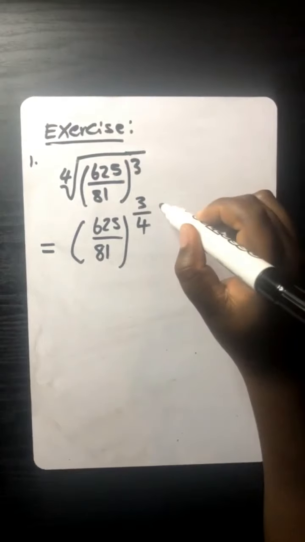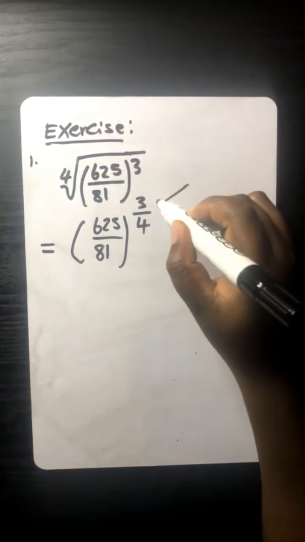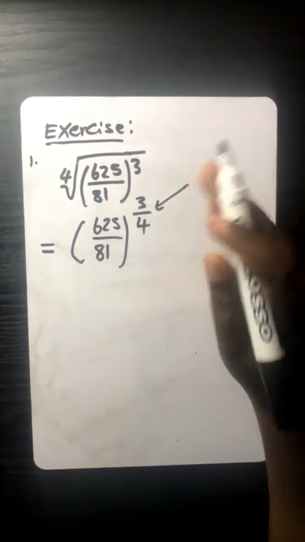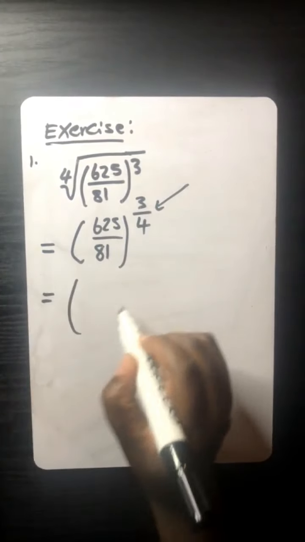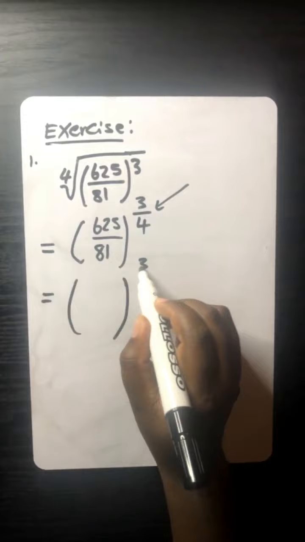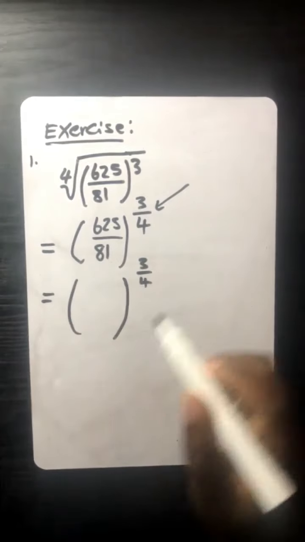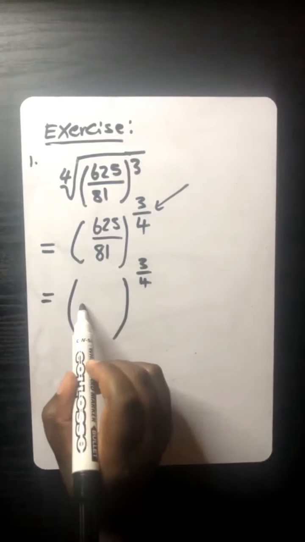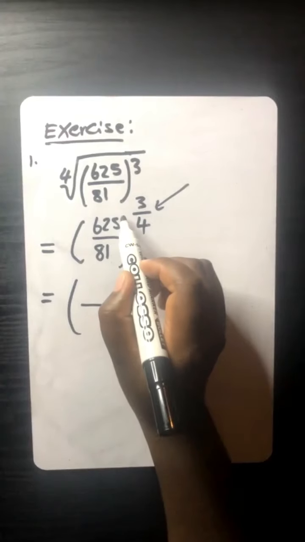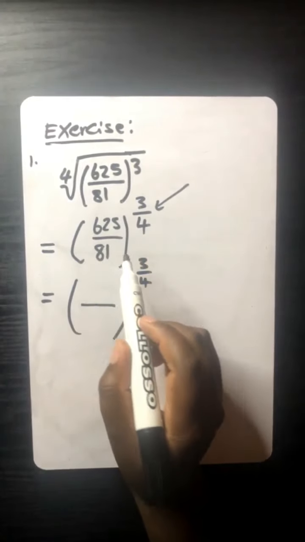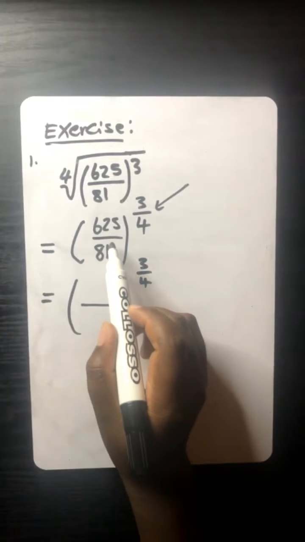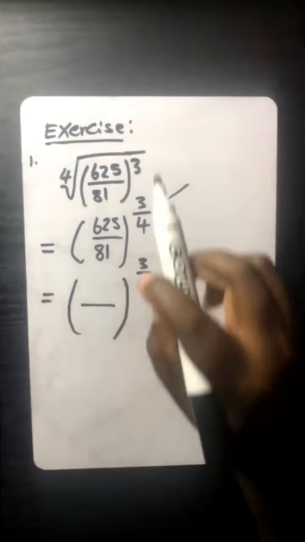Can we further simplify the exponent, which is 3 over 4? No, we can't. But now, whatever is inside the brackets, can we rewrite it in an exponential form? Guys, is there a way in which, okay, let's start with the denominator, can we write 81 in an exponential form?